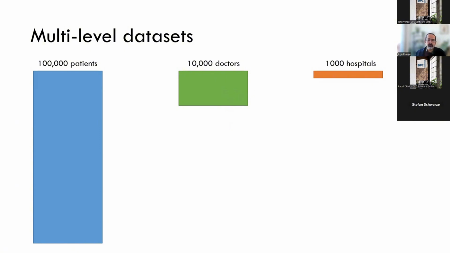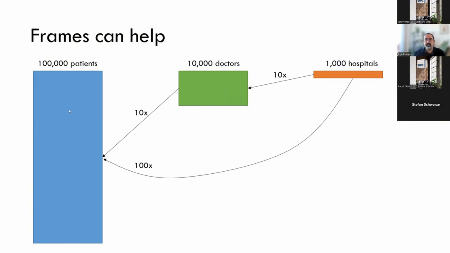And so what you would typically do in the old workflow environment is that you would merge everything together. Which means that for each of the 100,000 patients, you would say, okay, what's the doctor identifier? You would merge this data set to this data set. So you're multiplying your doctors 10 times, right?